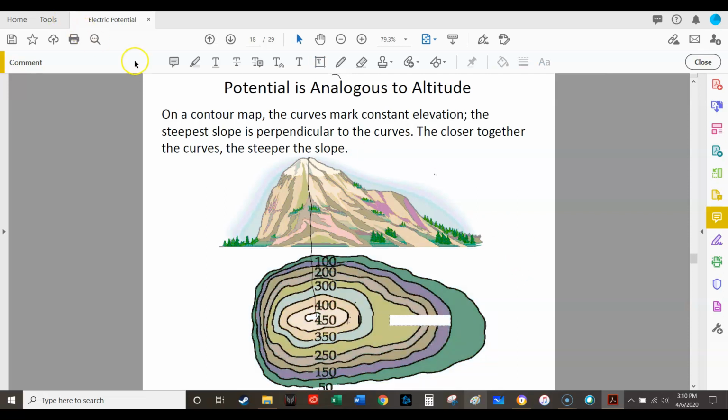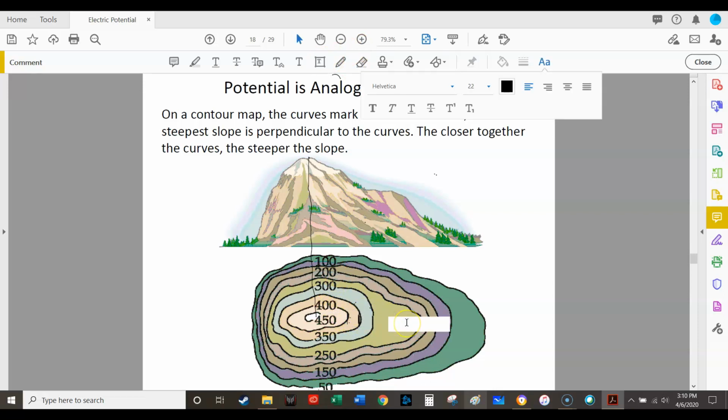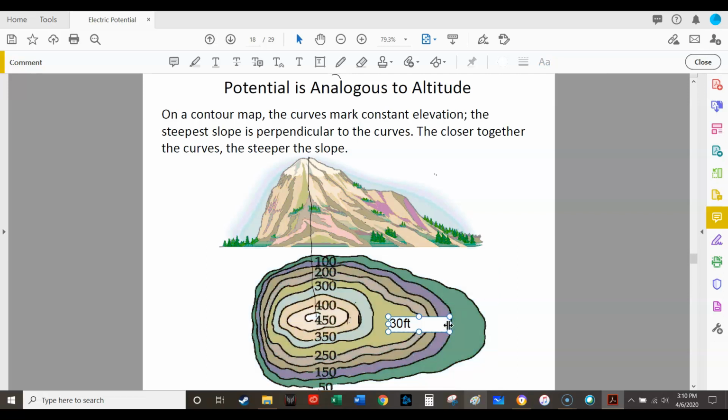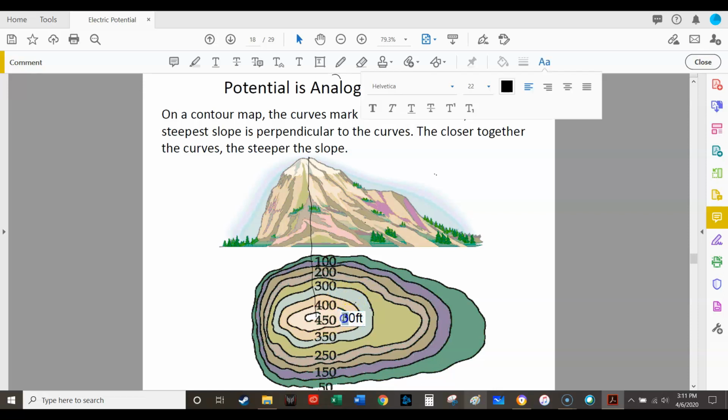Let me change that. I'm sorry, I said 30, and that should be 50.